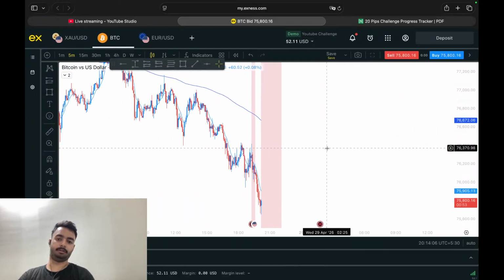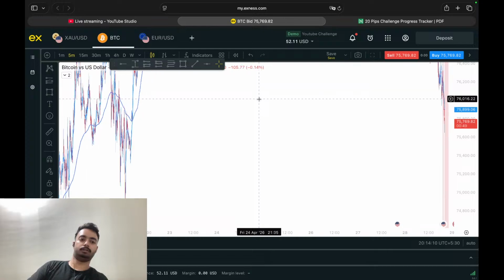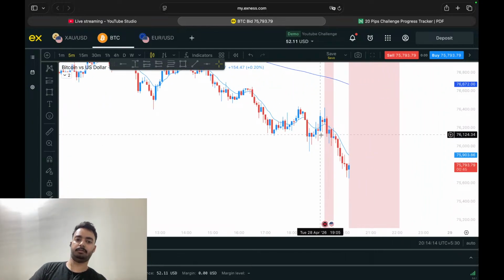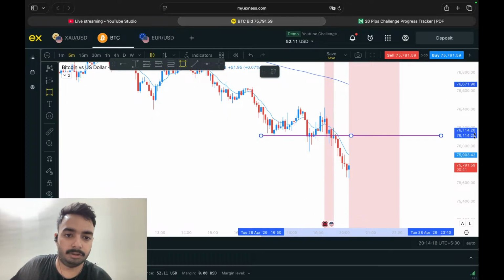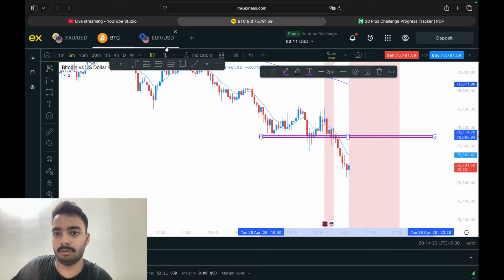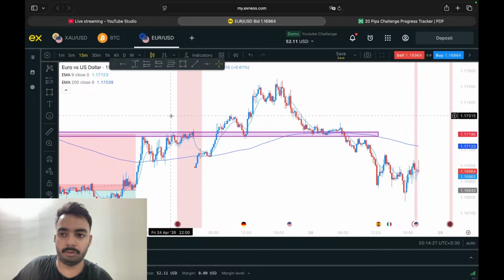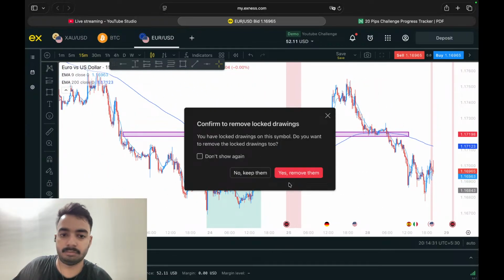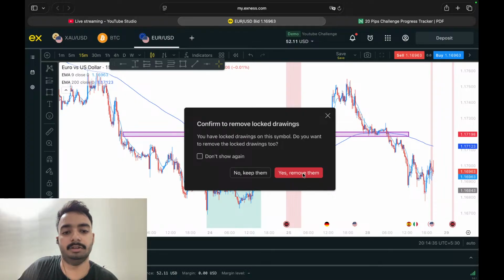Support and resistance. I can't see a decent support and resistance. Resistance, you can see it is a strong resistance as well. Talking about USD, we tried USD, we failed.